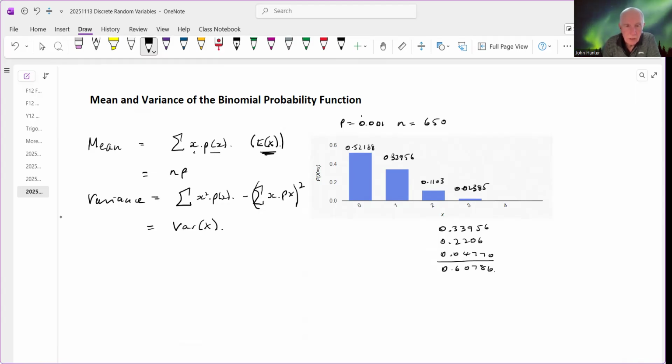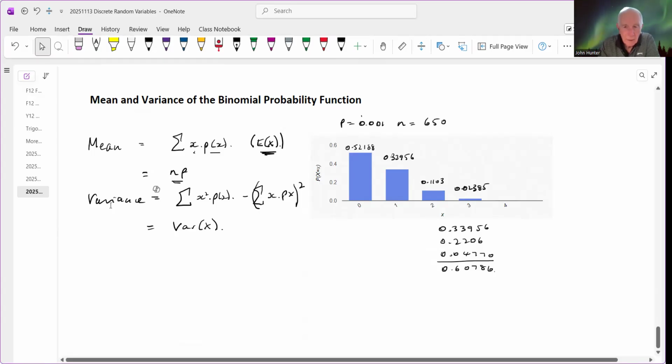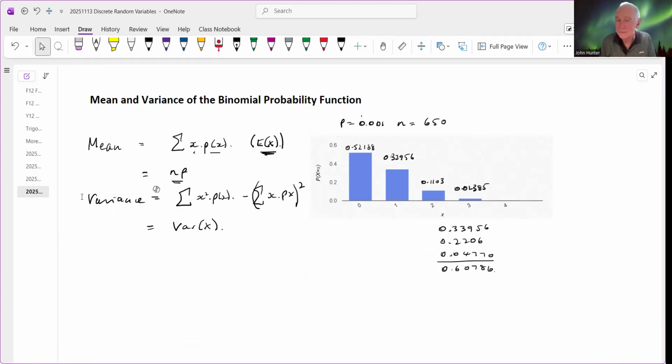So that's the expectation. Now, we need a bit of maths to actually show this, but in the case of the binomial, it is n times p. Just a word about the variance first. We can also calculate the variance because the random variables could be spread out in the same way that our data could be spread out. To do that, we need to calculate the second moment, which is x squared times the probability of x.